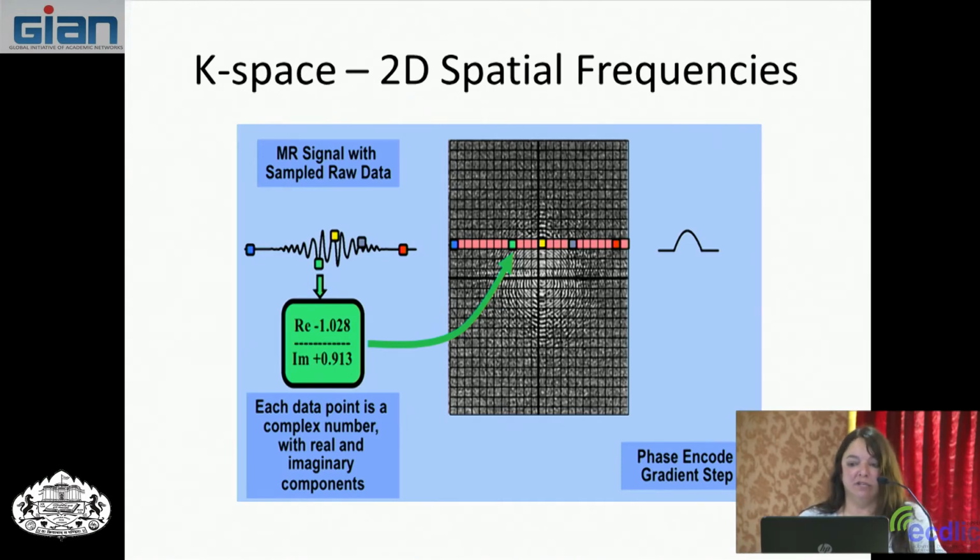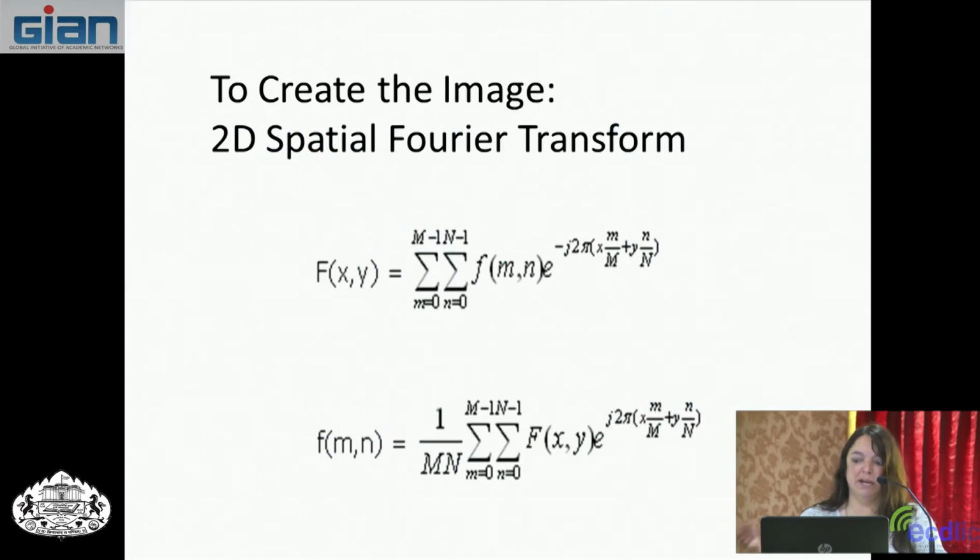So again, we have these two-dimensional spatial frequencies, and we're going to have an imaginary and a real dimension here. I believe the real dimension is going to be the frequency, and the imaginary is going to be the phase direction. So each data point is actually a complex number with real and imaginary components, which isn't going to make a whole lot of sense to us until we do the Fourier transform.